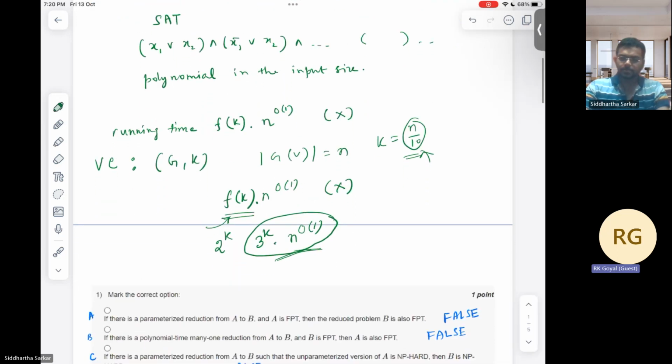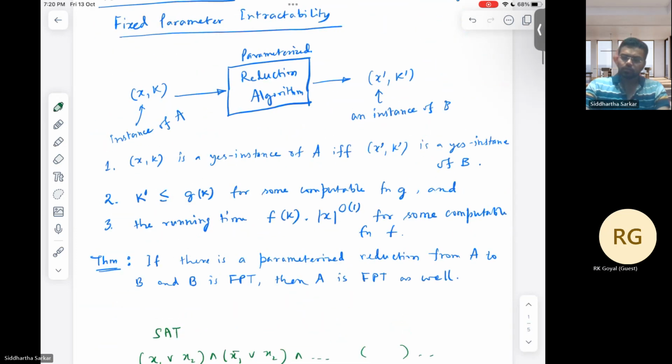Okay, right. Now I understood. So two more things: the reductions should work such that the new parameter k dash for the second problem should be bounded by some g(k), where g is a computable function.